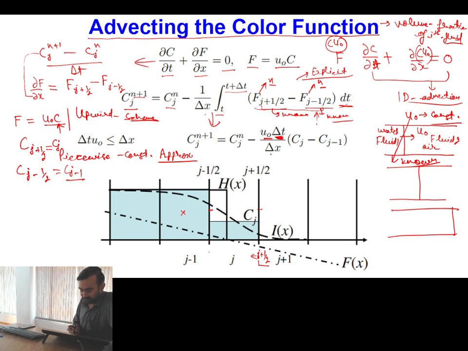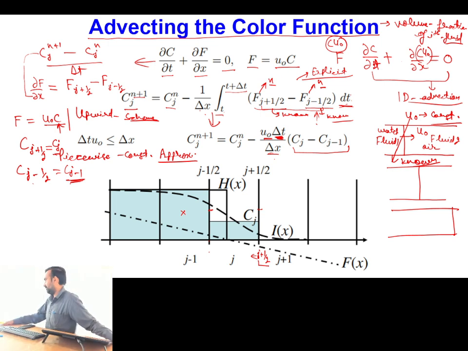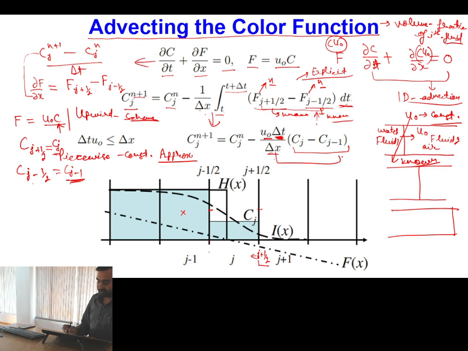So u naught into delta t divided by delta x, which was already there. And inside, which would have been c at j plus 1 by 2 minus c at j minus 1 by 2, Cj plus 1 by 2 is written equal to cj, and j minus 1 by 2 is written equal to cj minus 1, using the piecewise constant approximation whenever we are considering the upwind preference. All are clear with this point? So this is my equation.